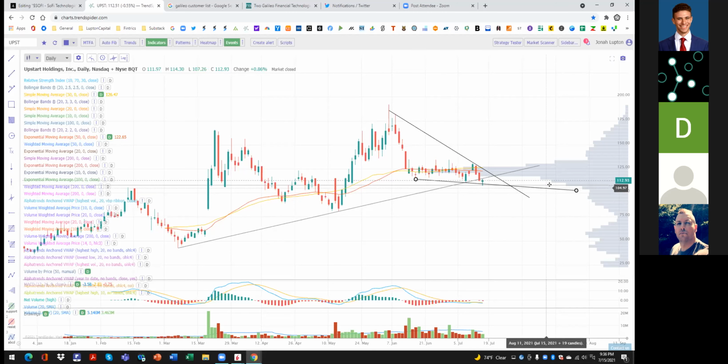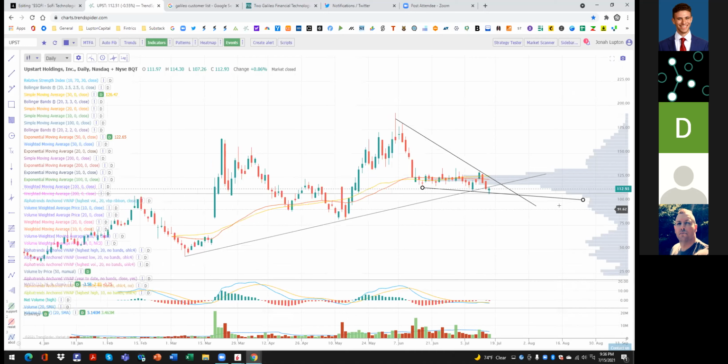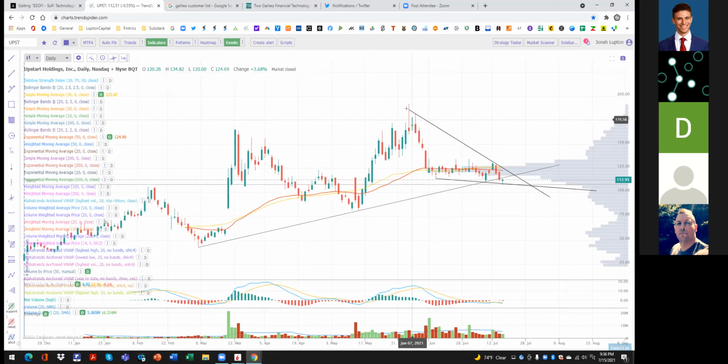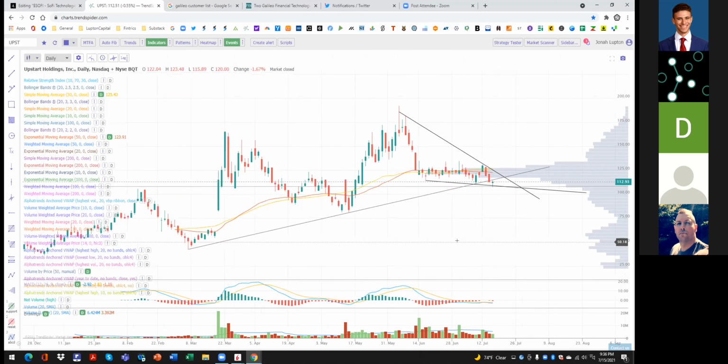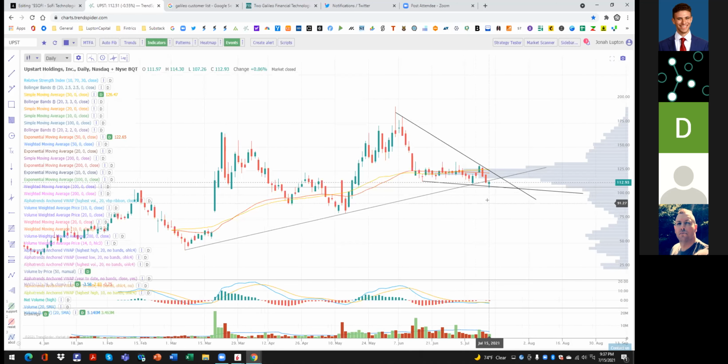Then you try to start drawing new trend lines, and then you drop below that. Sometimes you're just wrong. Sometimes stocks are going to do what they do. You could spend hours and hours trying to draw the perfect trend lines, and it doesn't help you at all. So it's a guide, one more thing in the toolbox that you can use to be a better investor and perhaps protect profits and limit losses.